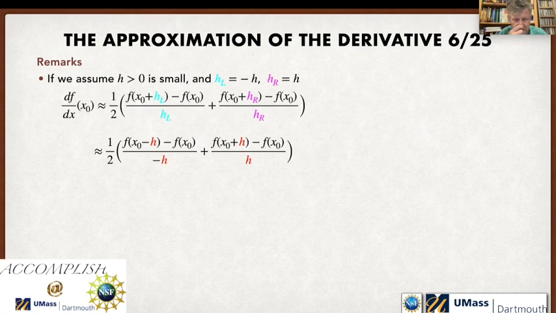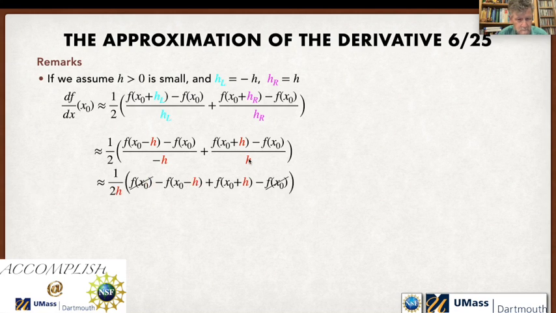So if we make the substitutions for HL and HR, we get this expression for the average. And now we can see that we can factor the h out of the denominator. And so we wind up with this expression.